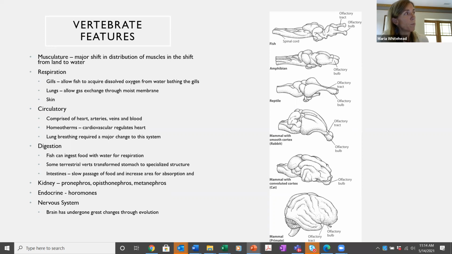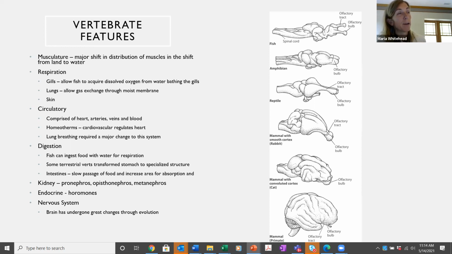And same with respiration. Gills, of course, allow fish to acquire dissolved oxygen from bathing of the gills in water. Lungs allow our terrestrial tetrapods to do gas exchange through a moist membrane. Gills require really efficient oxygen uptake.